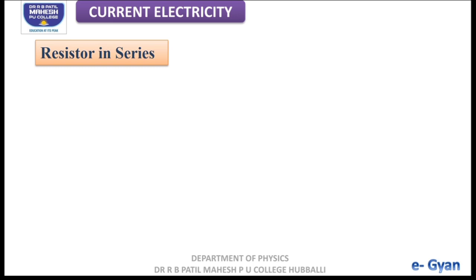Resistors in series combination. Let us try to find the equivalent resistance of the series combination of resistors. Consider three resistors R1, R2 and R3 connected as shown in the figure. Here one end of R1 is connected with one end of R2, and the other end of R2 is connected with one end of R3. Such a connection is called series connection.